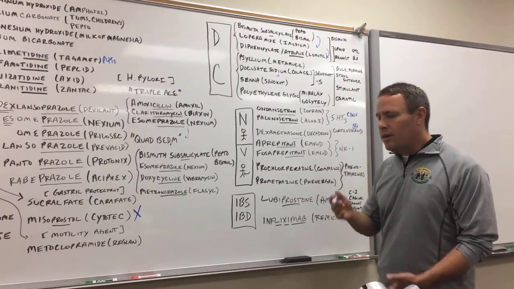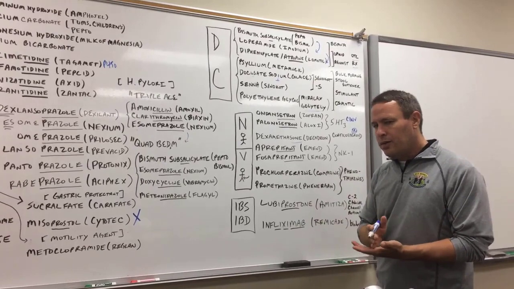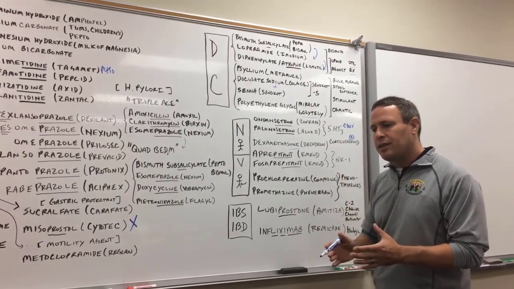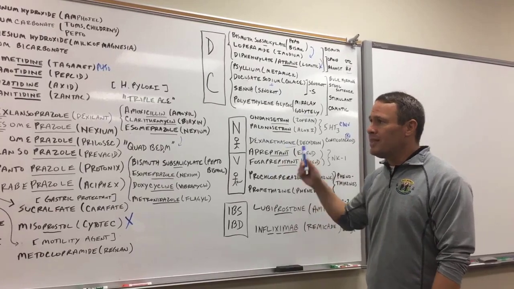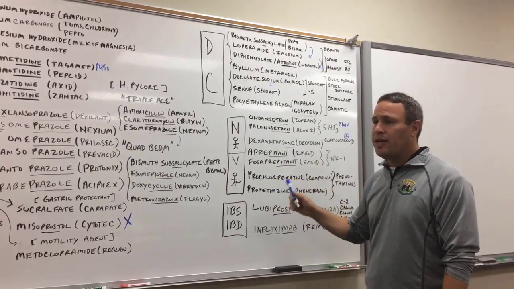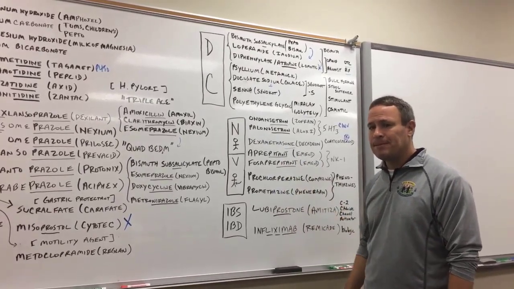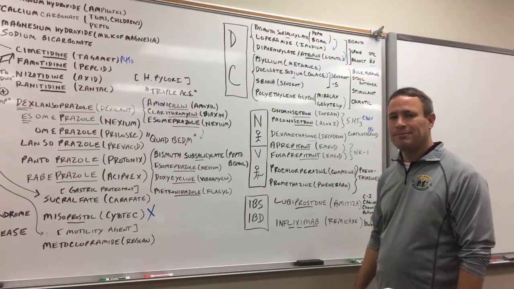So the idea is that on a board exam where you can't go back, you have to know the answer right there because you're forced to go to the next question. You need to use visuals to get that answer right away and to get it correctly right away. Okay, hope this helped.